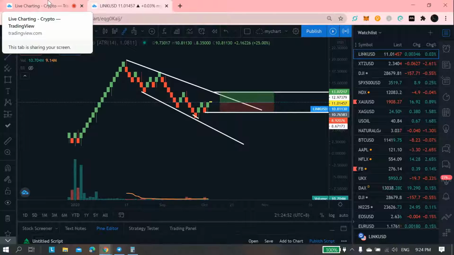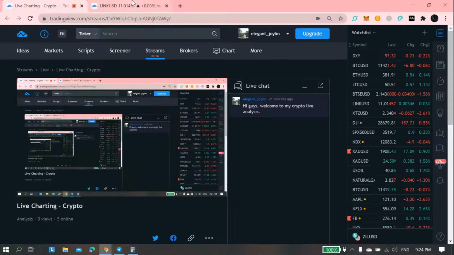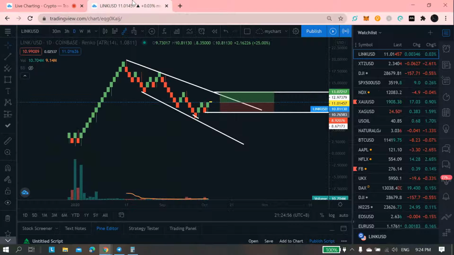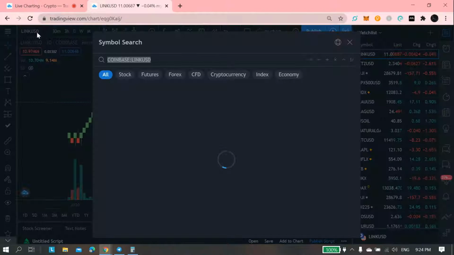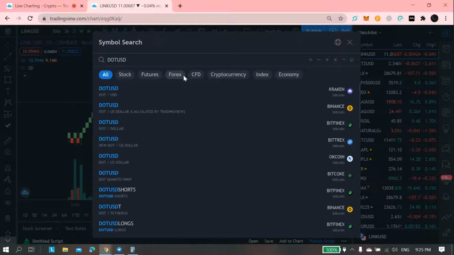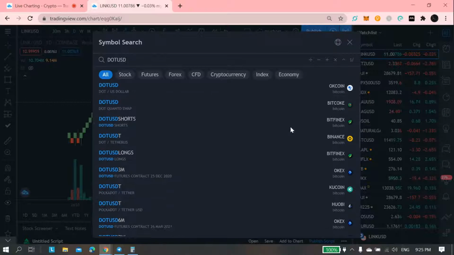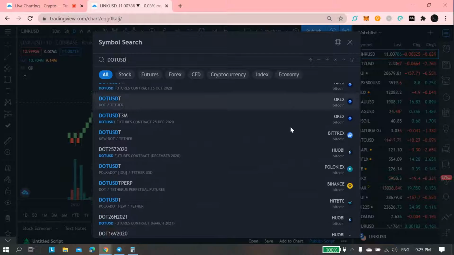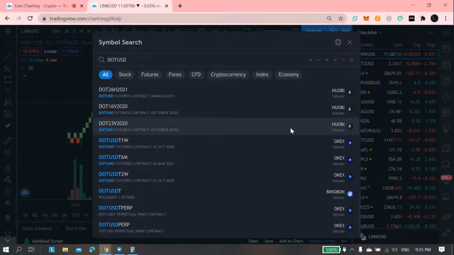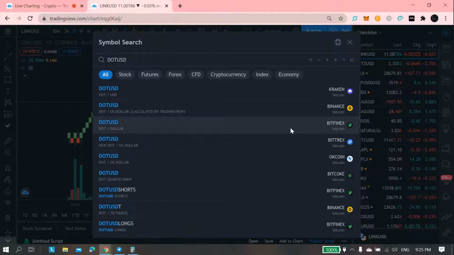So after Link, let's move on to Polkadot, DOT USD. We'll also use, where is Coinbase? Seems like there's none. So we'll just use this one.